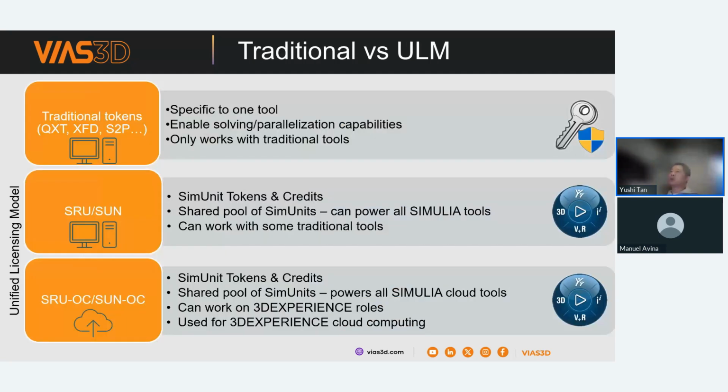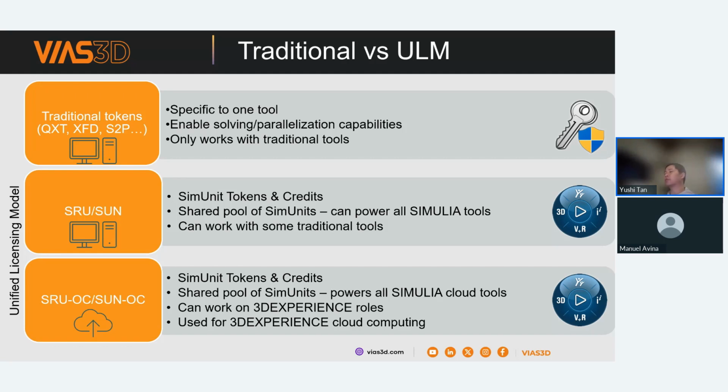Right. So if we look at the licensing, traditional versus the new unified license model, in the traditional licensing, you do have token schemes as well, but those are specific to that specific tool, right? So you cannot use the solver process to power something else, for example, right? So CST, if you want to power a CST run, it's going to be locked to a CST run, right?